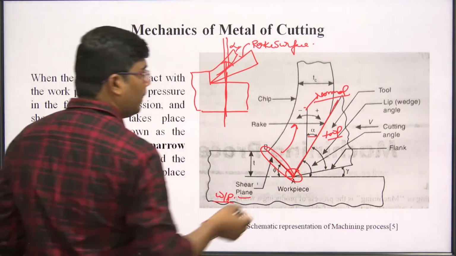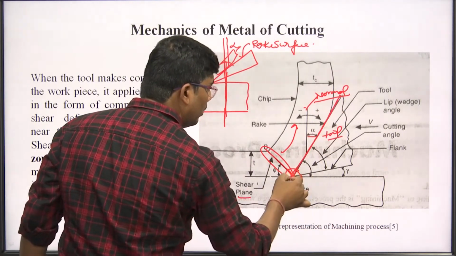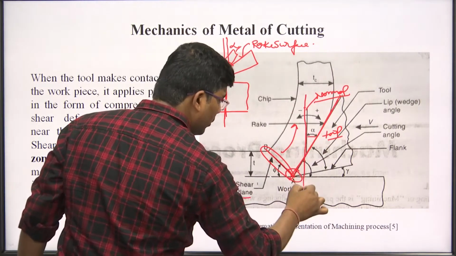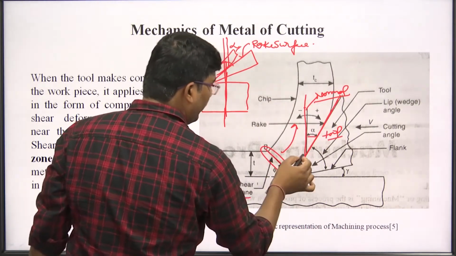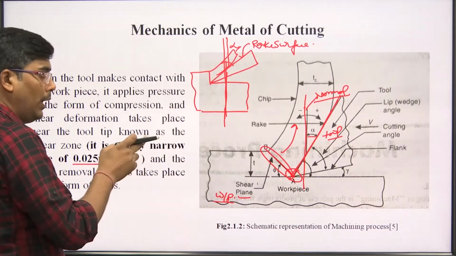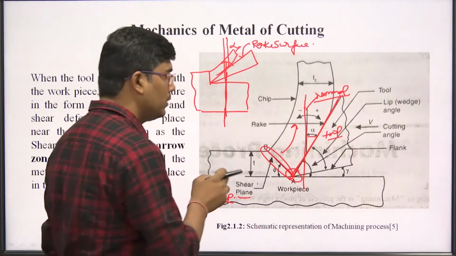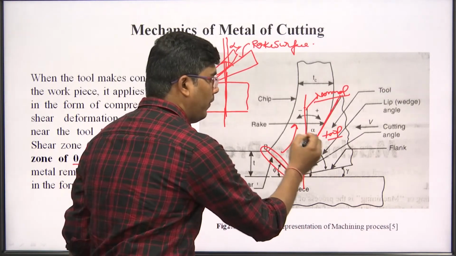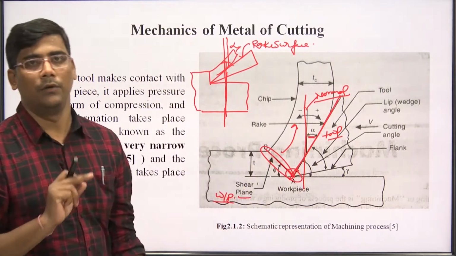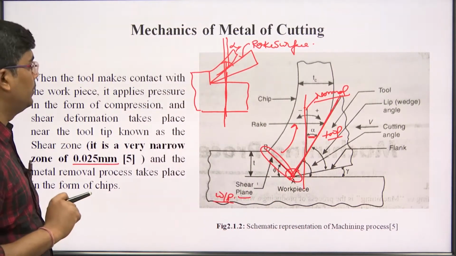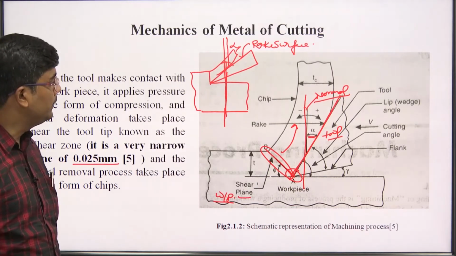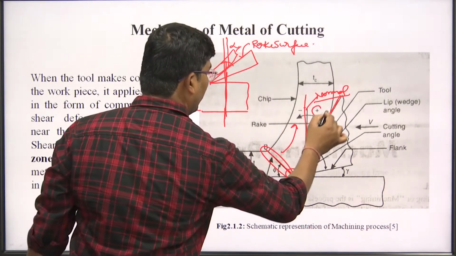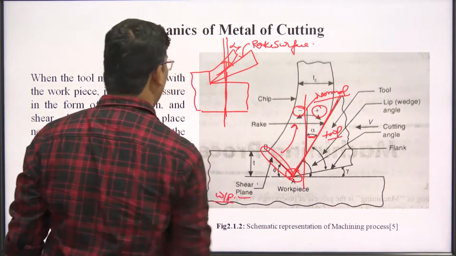Again I repeat, this is the rake surface of the tool, and if you draw the normal on the rake surface, the angle formed between the normal and the rake surface is known as the rake angle. This is alpha. It may be positive or negative. That is, this side will be alpha positive and this side will be alpha negative.